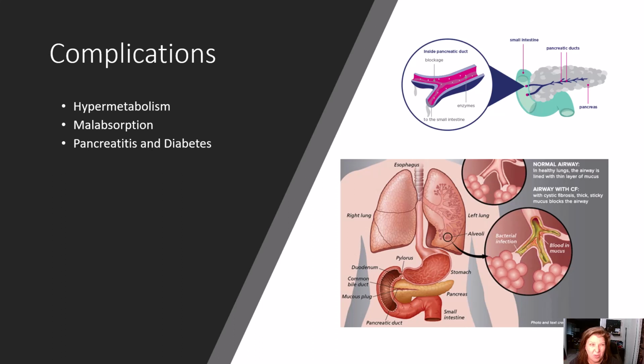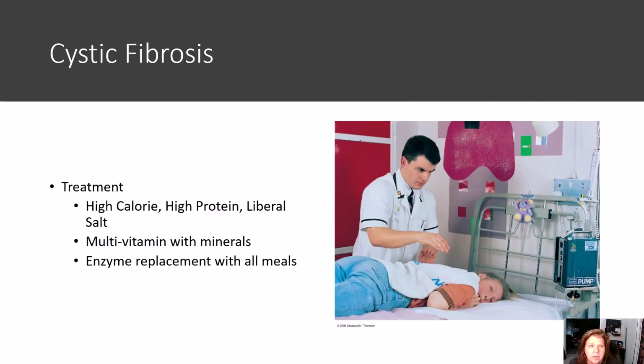We are going to have malabsorption. And then because we are not able to get these enzymes working correctly in the pancreas, we end up with potential for pancreatitis and changes to that pancreatic structure that can break down our insulin production and eventually lead to diabetes.